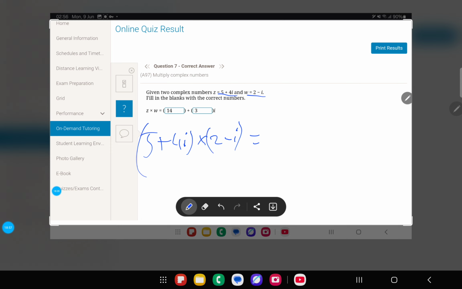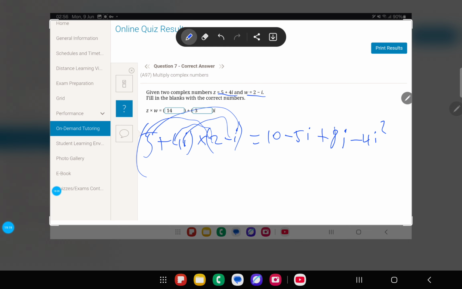So you do 5 times 2, which is 10, and 5 times negative i is negative 5i. Now 4i times 2 is 8i, and 4i times negative i is negative 4i squared.